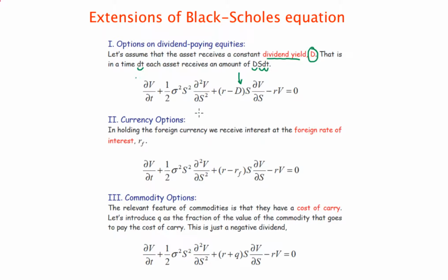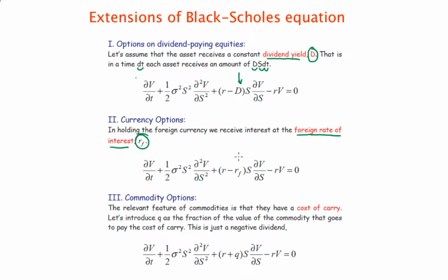Okay, this is one. Another extension is currency options. So let's suppose that in holding the foreign currency, we receive an interest at the foreign rate of interest. So this F will be another parameter related to these currency options, which is the foreign rate of interest.